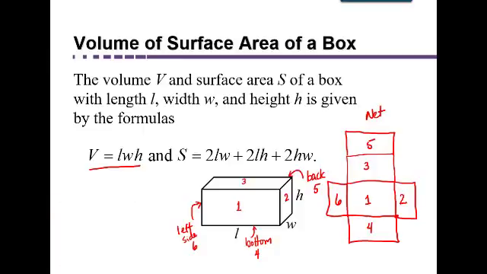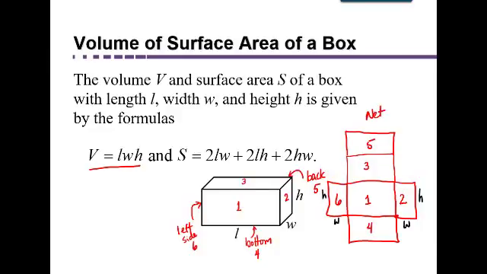So remember, we have a length L, a width W, and a height H. And you can see very clearly, for example, that side 2 has dimensions WH, but also side 6 is right across from it, so it has dimensions WH as well.